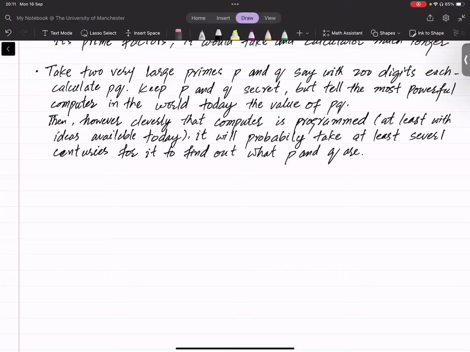So computers find factorization of large numbers difficult. Let's note that.